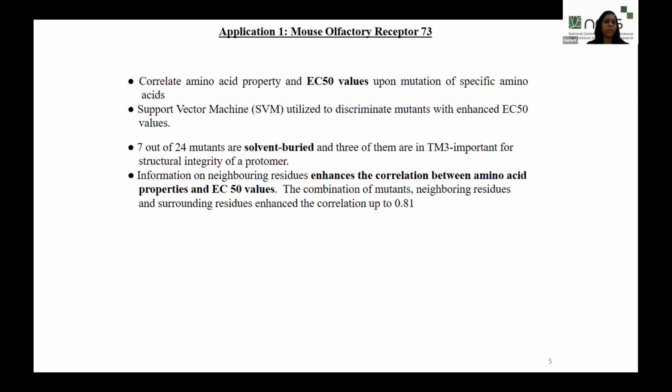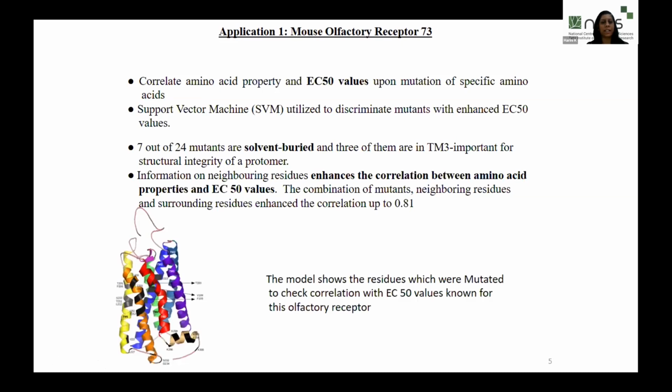The correlation when only the sequence information and the EC50 values were used was 0.63. However, when we had the structure information about the olfactory receptor, the correlation between the amino acid properties and EC50 values increased to 0.81, which suggests that having a structure is quite important to understand the function of olfactory receptors.